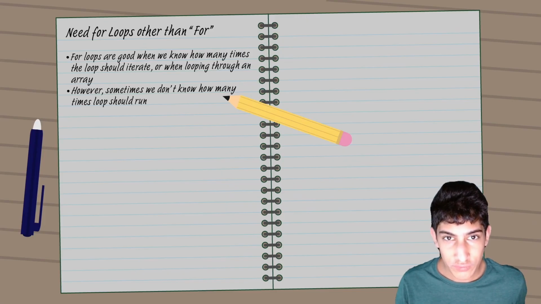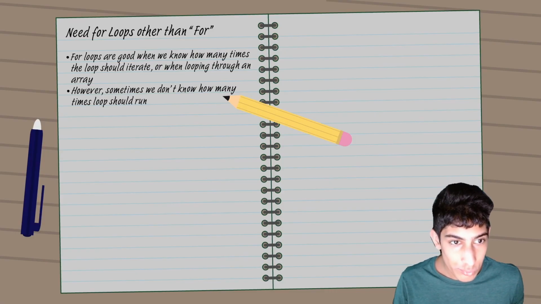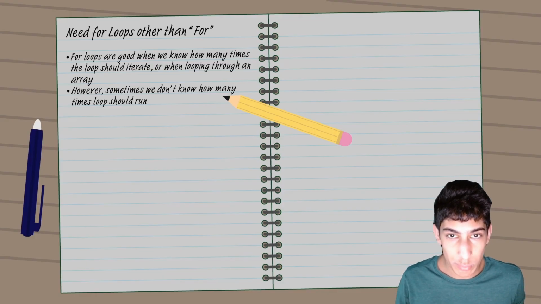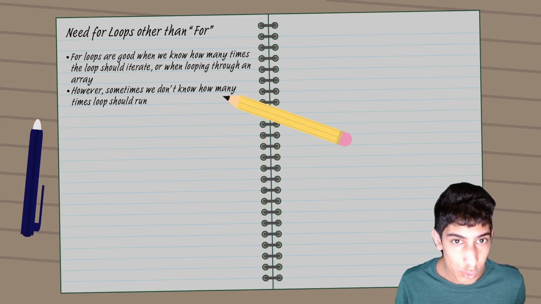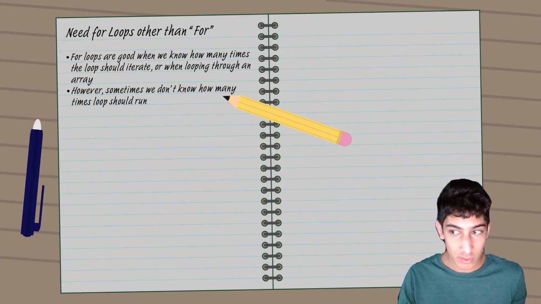So in the previous video, we learned how to use a for loop. For loops are good for when we know exactly how many times we want to perform a certain action, or if we're iterating through an array or collection as shown in the previous videos.